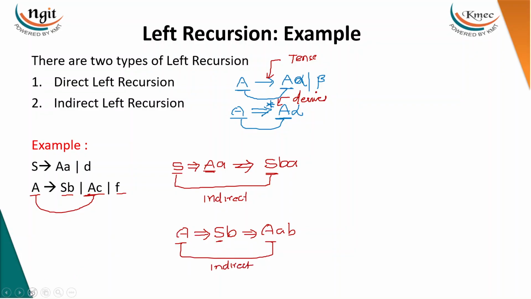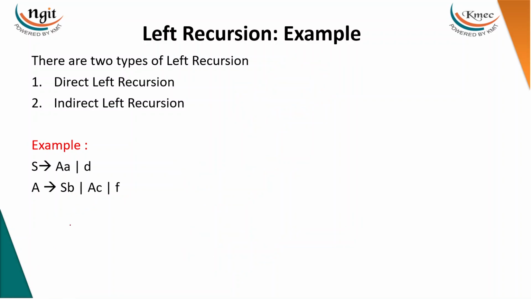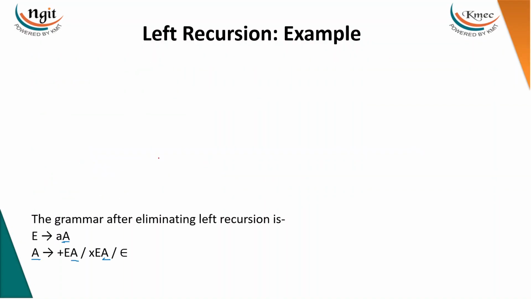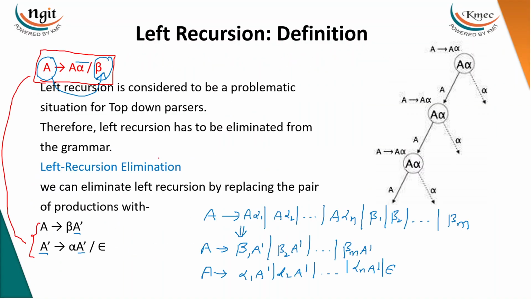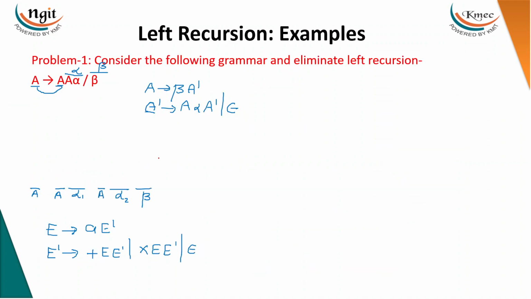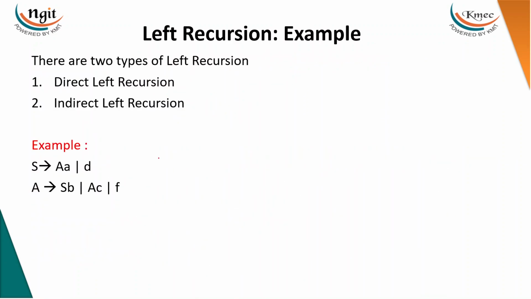Then how do we eliminate the indirect left recursion? See, I told you how to eliminate direct left recursion. Just simply substitute in the formula, whether it is the general formula or the normal formula. We have discussed both here, right? So for indirect left recursion, what are we supposed to do?